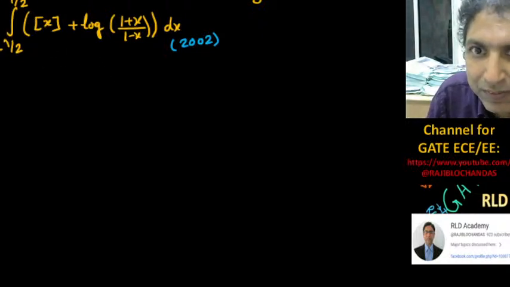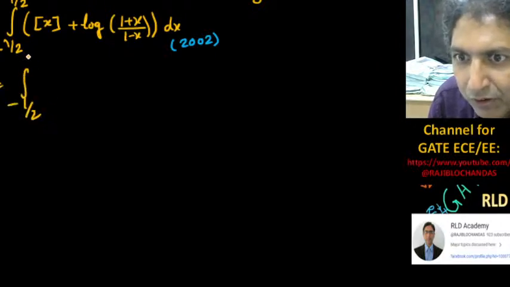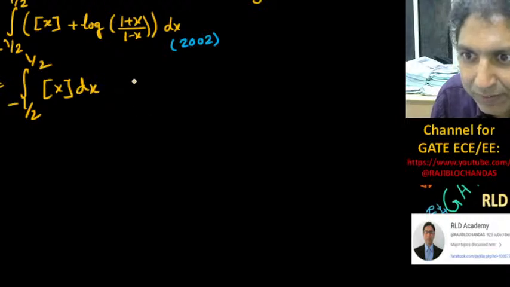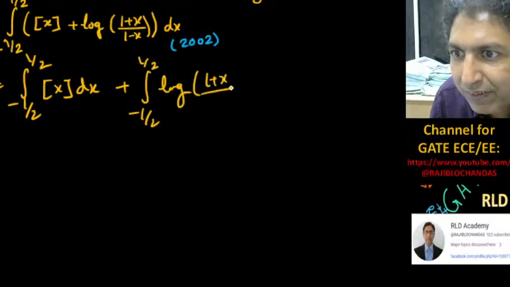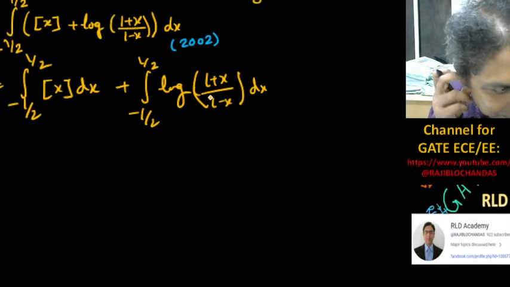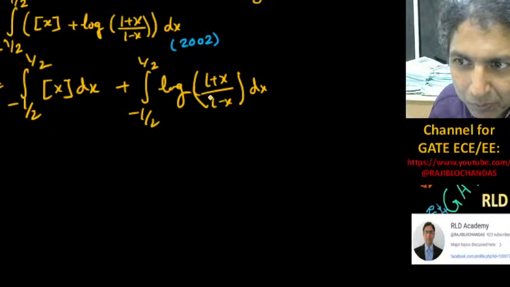So this one I can rewrite this way, -1/2 to +1/2, greatest integer of x, -1/2 to +1/2 log((1 plus x)/(1 minus x)) dx. Okay, now how to solve this problem?